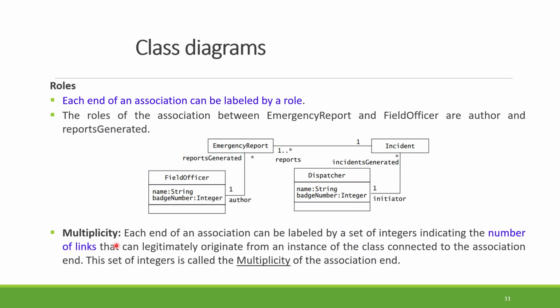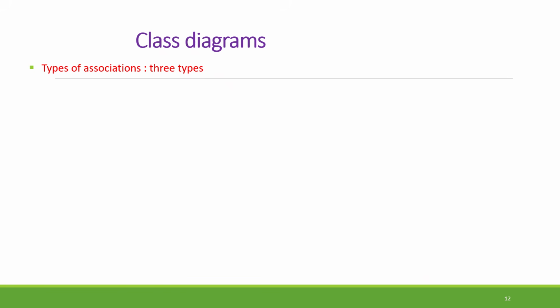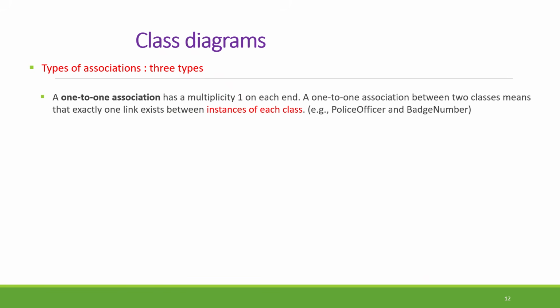The numbering we mentioned we call multiplicity, where the multiplicity contains a set of integers indicating the number of links that can legitimately originate from an instance of the class connected to the association end. The set of integers is called the multiplicity of the association end. So there are three types of association.